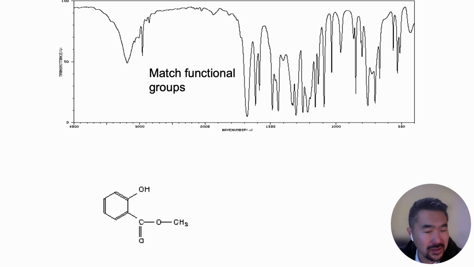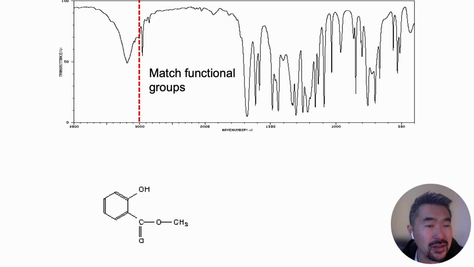packet, I just want to show you an example of matching bonds you see in the known structure to each of the prominent bands in the IR spectrum. So here's what you would do. Here's a particular molecule. You see the alkyl group here, or I should say there should be sp3 CH stretches present in this methyl group.